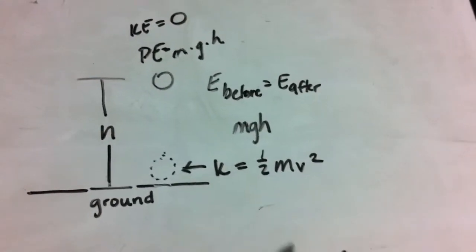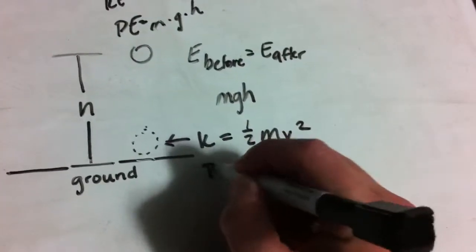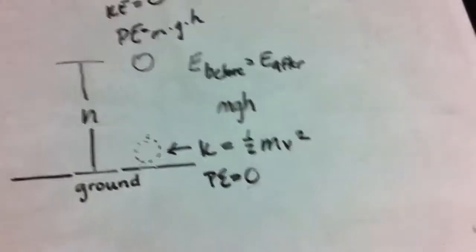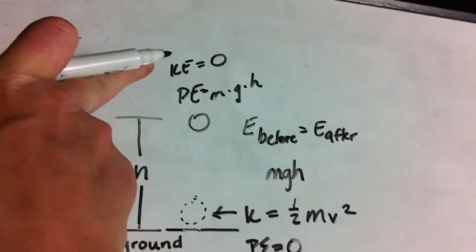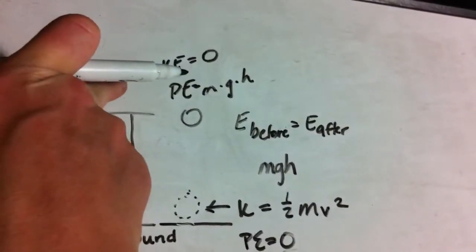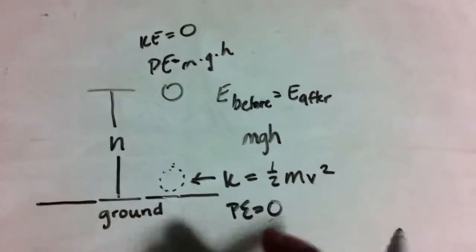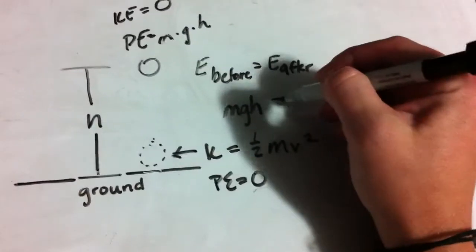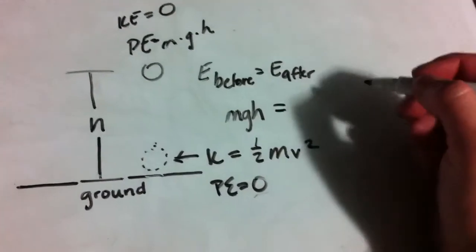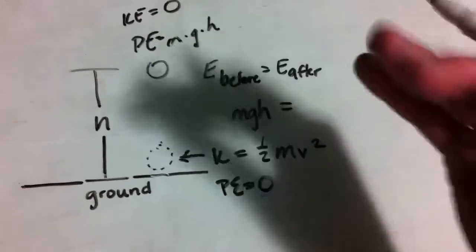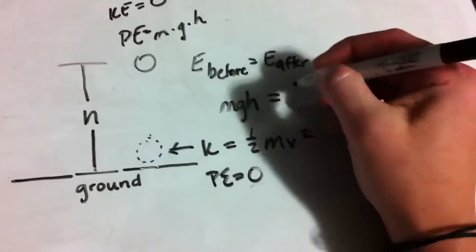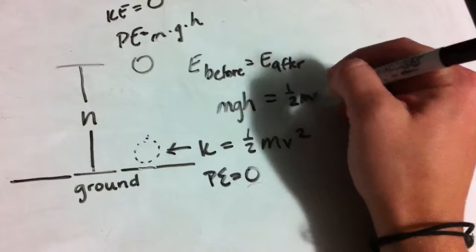And at this point, right before it hits the ground, our potential energy is now 0. So you can see you have an energy before and an energy after. Plugging that in, our energy before, mgh, is equal to our energy afterwards, which is the kinetic energy, 1/2 mv squared.